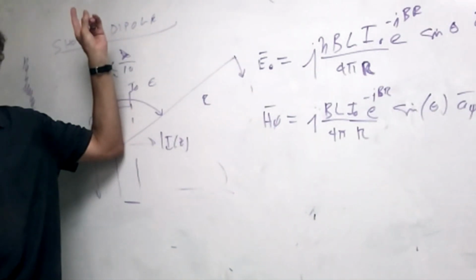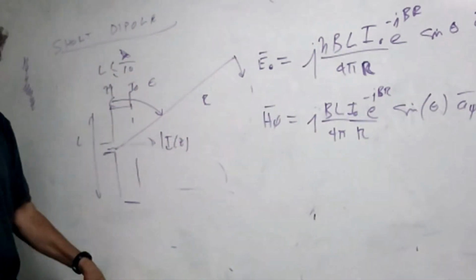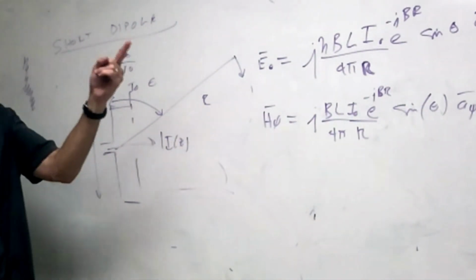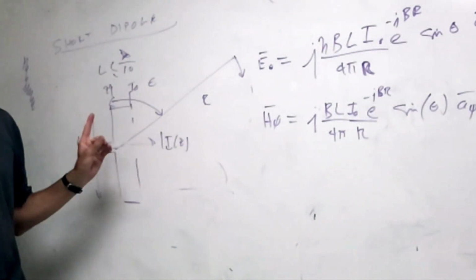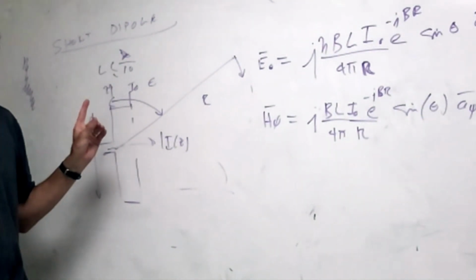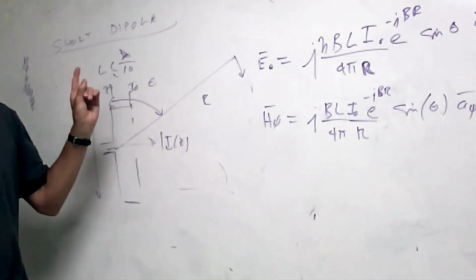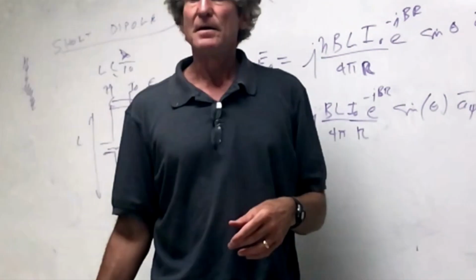Zero. Nothing propagates straight up, nothing propagates straight down. That's where the direction occurs. Everything has to propagate in a way. I mean, propagation in the direction of current will always be 0 for a straight wire antenna, for far field. The maximum strength field at a given distance r would be at what? At theta equal 90 degrees.